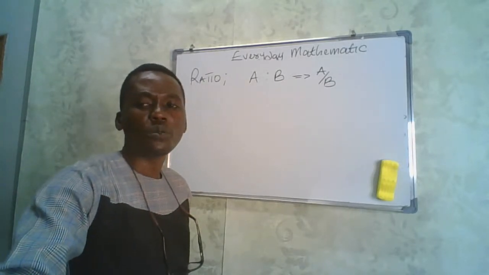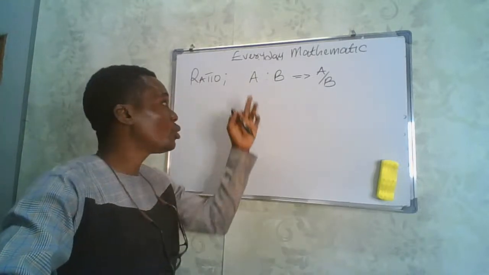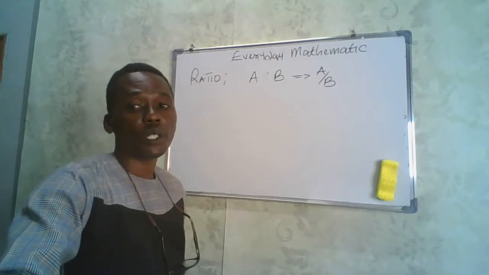So when we are given two variables, A and B, their ratio is A ratio B.